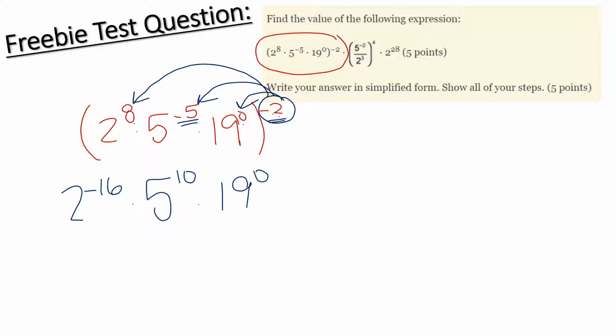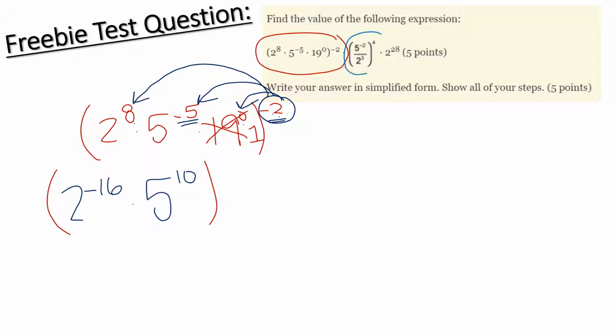And really, we know anything raised to the 0 power is just 1. So I'm actually not even going to write this because we know 1 times anything is just itself. So this actually cancels, it just becomes a 1. So that whole thing, when I distribute that negative 2, is 2 to the negative 16 times 5 to the 10. So that little portion is done.